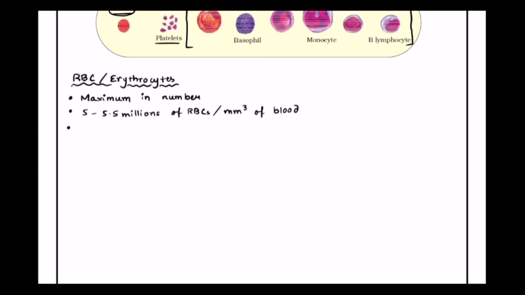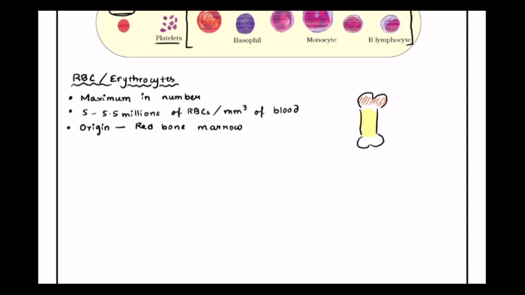Next. Well, if we speak about the origin of red blood cells, they originate from the red bone marrow. Now you all must be knowing that if we take a look at the bone, then this area over here has the red bone marrow, whereas the area in the middle has the yellow bone marrow.